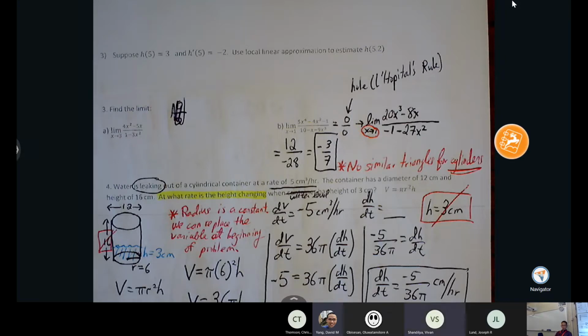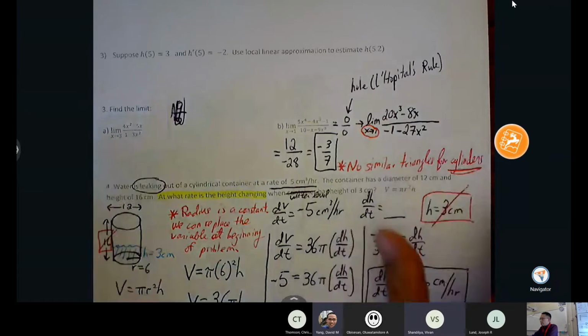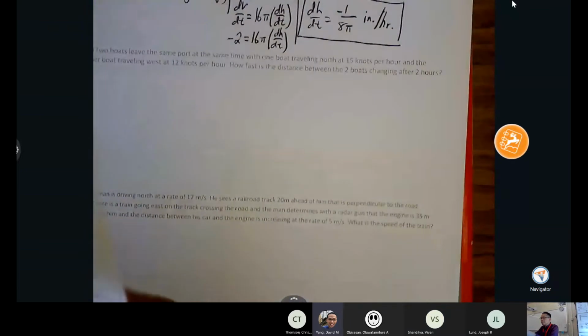I don't have the worksheet in front of me, but can we do another one of the cone problems? Yeah. Let's see if I find one.